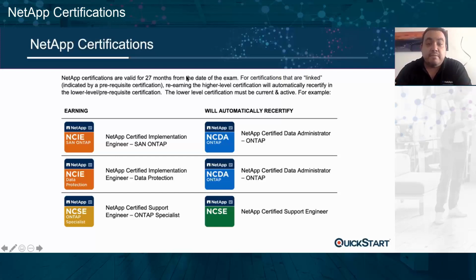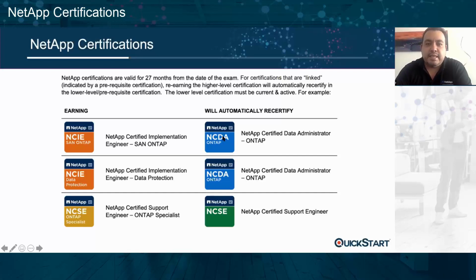And if you have, for example, once you pass your NCDA, you have 27 months, so you can renew your NCDA. But the interesting part is that if you have an NCDA, and let's say 2 weeks before it expires, you pass the NCIE SAN on top, they will recertify your NCDA.